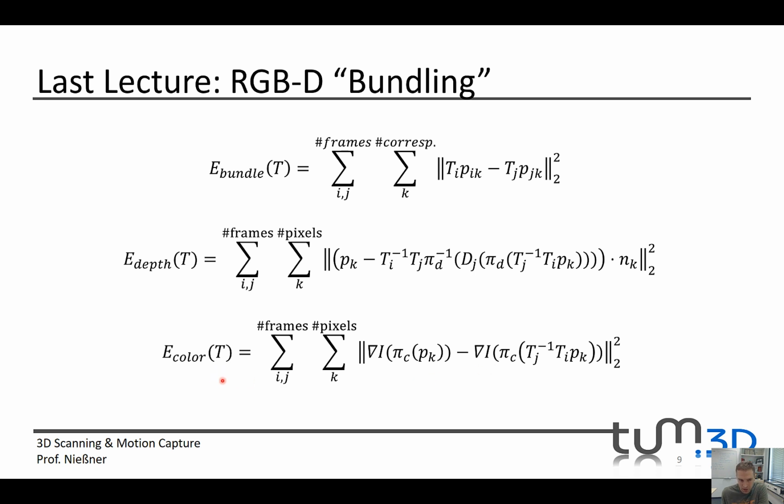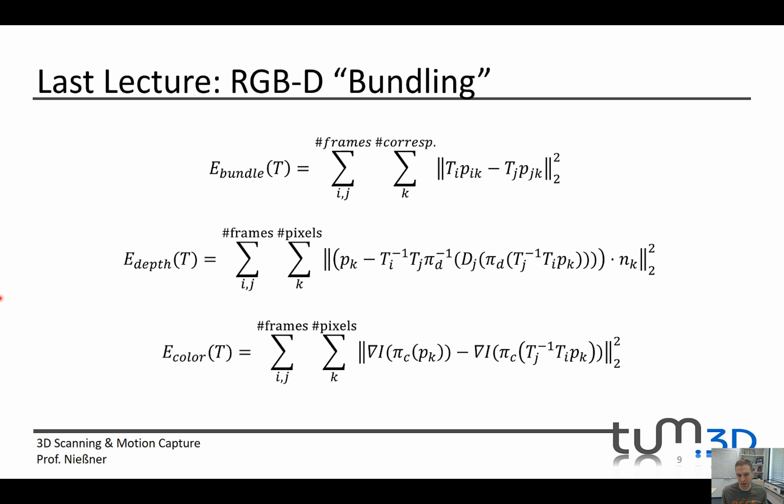Now, what you can do in practice, and this is something I haven't said last time yet, is you can actually go ahead and take all of these three terms in principle at the same time and jointly optimize for all of them. One thing we will realize, and we'll talk a little bit more about it in detail, is that typically you want to start with these ones here first, because that's the one that has the best optimization properties.